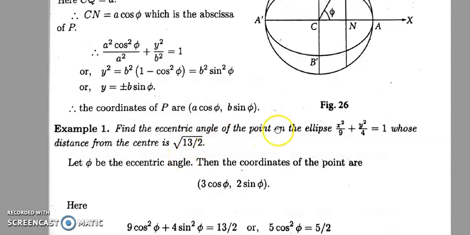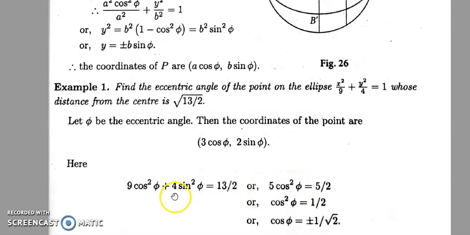Distance will be root of 3 cos phi minus 0 whole square plus 2 sin phi minus 0 whole square. That will be equal to root of 13 by 2. So upon squaring on both sides, so this becomes the equation of the distance. Upon 3 cos phi whole square varumba 9 cos square phi varum plus 4 sin square phi, that will be equal to 13 by 2.